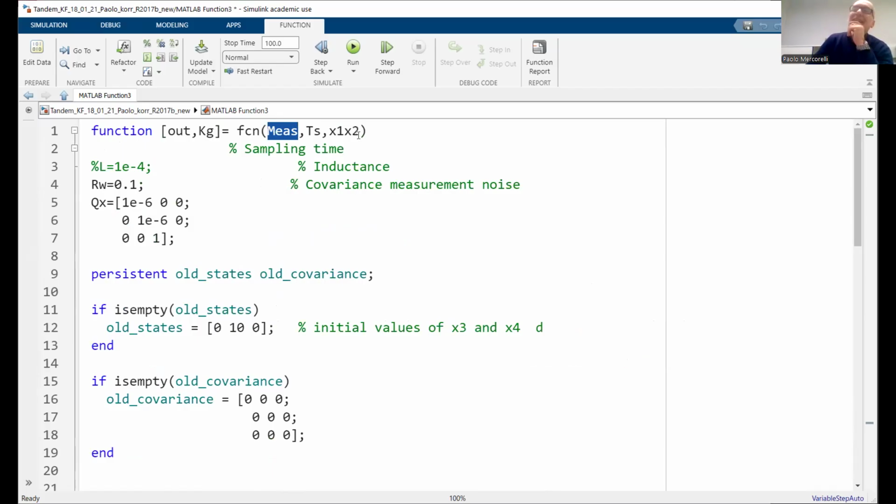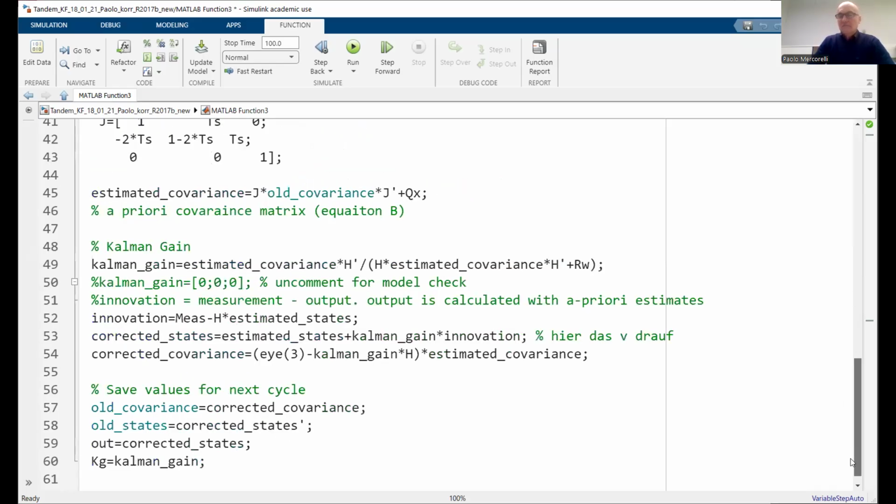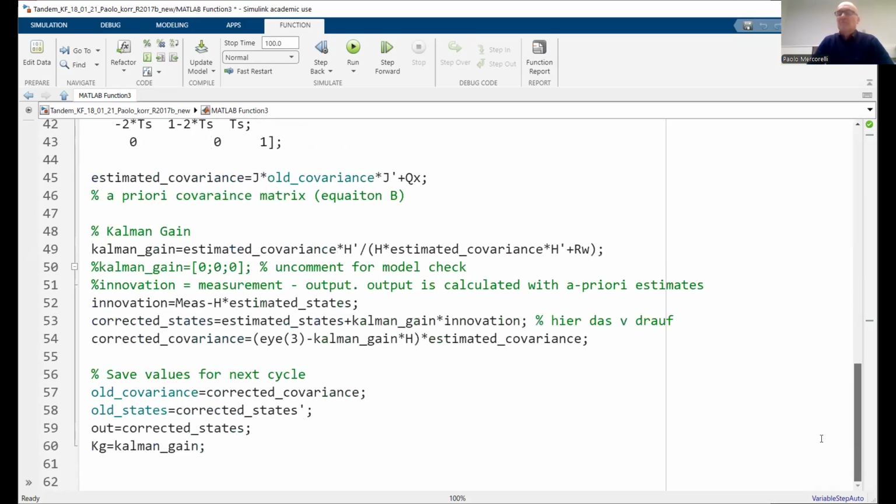To simplify, I pass directly x1 and x2, in which x1 and x2, I clarify in 1 second, are the product of the estimated x1 hat and x2 hat, which I called x1 and x2. But of course, it's the same if I put x1, comma, x2, comma, and I put separately an input. Here we can simplify the notation. The rest does not change anything.